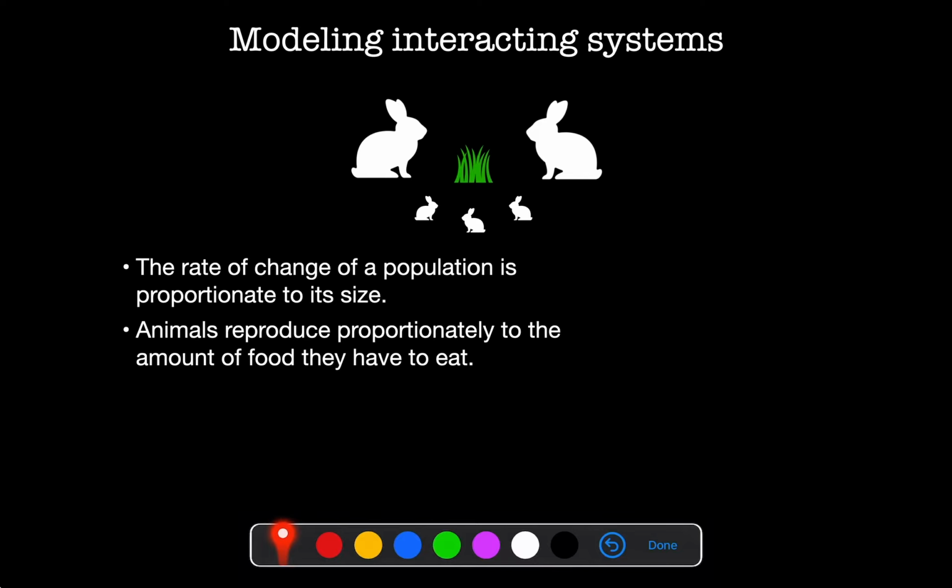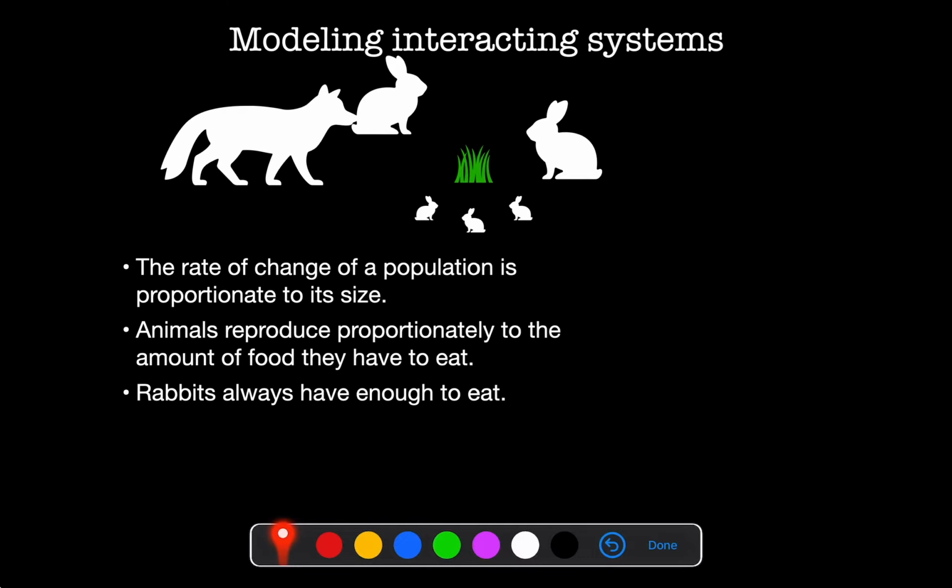So we have the rule that animals reproduce proportionately to the amount of food they have to eat. If you don't have a lot of food, you can't use that energy to create babies. In our model ecosystem here, we've got so much grass that the rabbits always have enough food. But this is about interacting systems. So in our ideal ecosystem here, we also have some foxes.